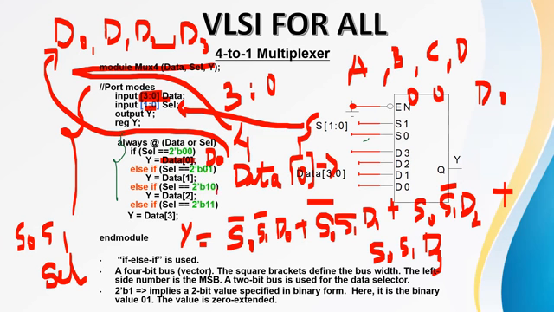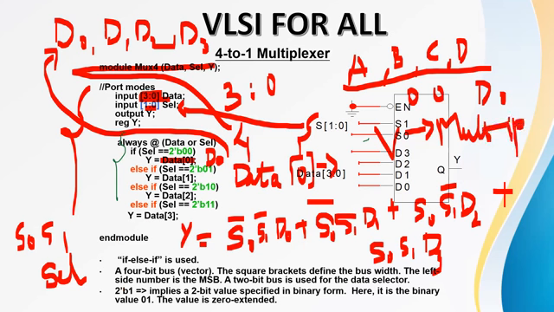If the select line is 1 0, then the data is 2. If the select line is 1 1, then the data is 3. These indicate D0, D1, D2, D3. But here we are not using A, B, C, D. We are directly defining it as a vector. Vector means multiple bits.